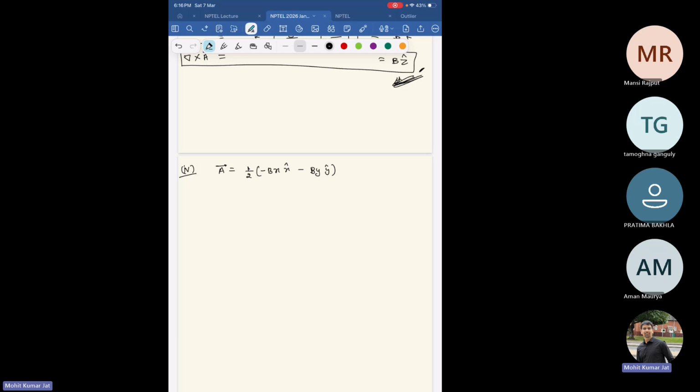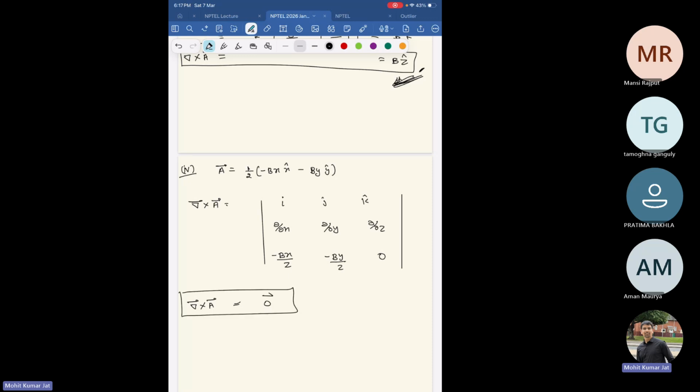So if we take curl of A, it will be i j k, del by del x, del by del y, del by del z, minus Bx by 2, minus By by 2, and 0. And if we solve this one, what you get will be curl of A is equal to 0.